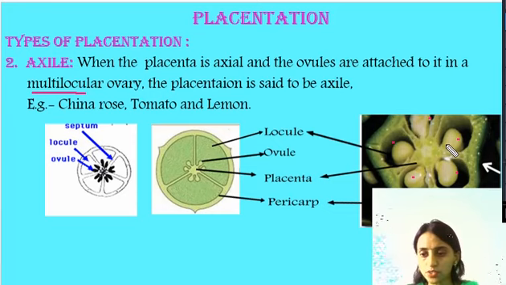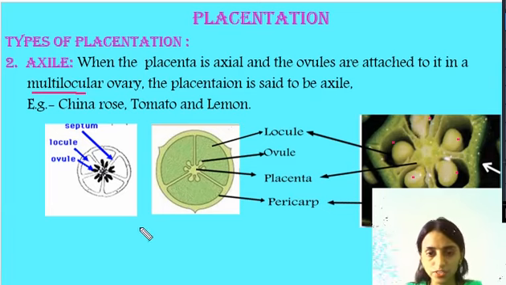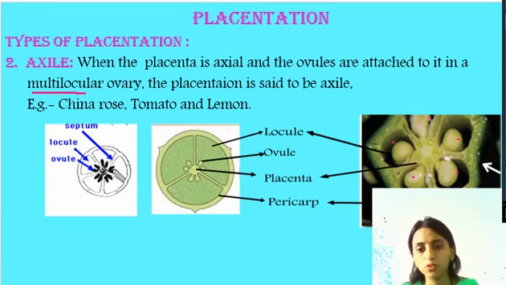When you take the transverse section of the carpel of lady's finger or hibiscus flower or tomato or lemon, in the gynoecium of these plants we can observe the axile placentation. As I said, in the axile placentation, the 5 carpels fuse to form one central axis, and along this central axis the ovules are attached with the help of placenta.